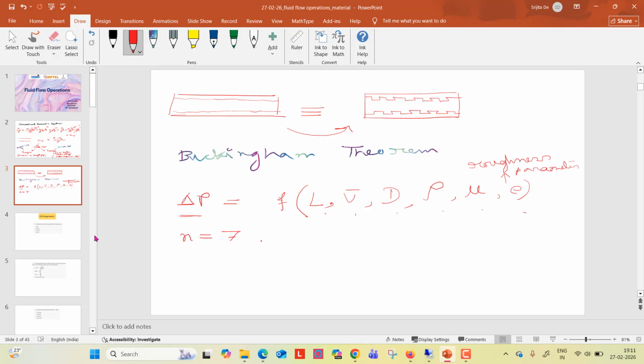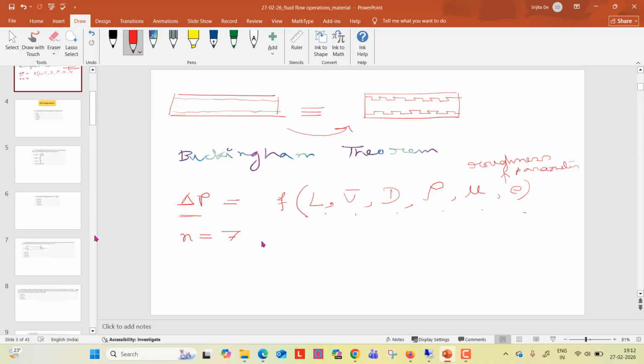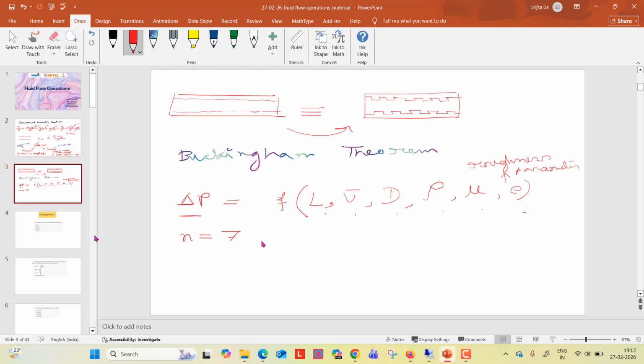Next, there are fundamental dimensions, that is 3. What are fundamental dimensions? That is your M, L and T: mass, length or distance, and time. There is another, theta, which we call temperature, but we are not considering it now. In general, the fundamental dimensions are 3.